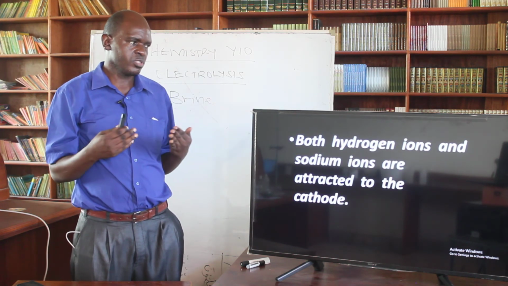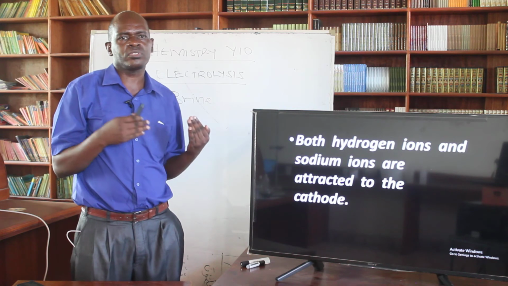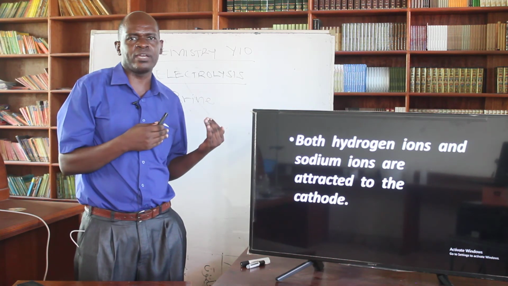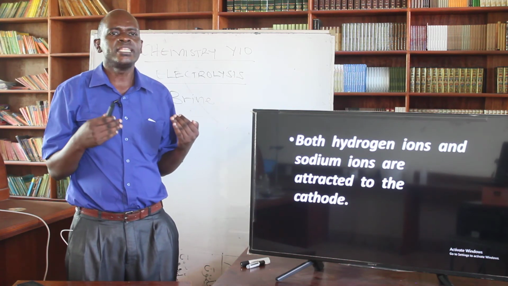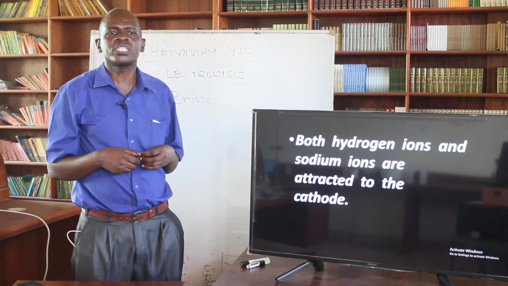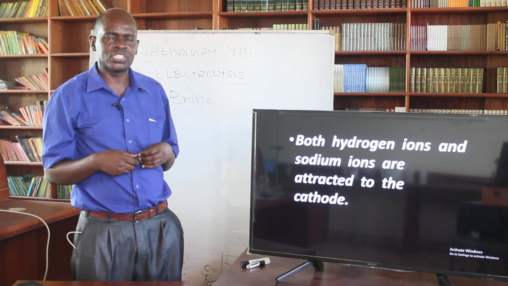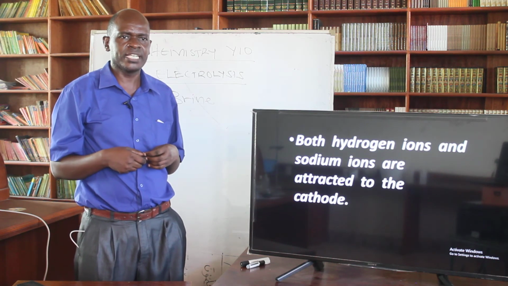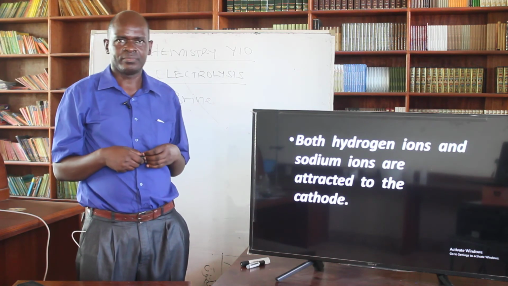Now, because sodium ions, chloride ions, hydrogen ions, and hydroxide ions have different charges, the hydrogen ions and sodium ions, which are positively charged, are attracted to the cathode.